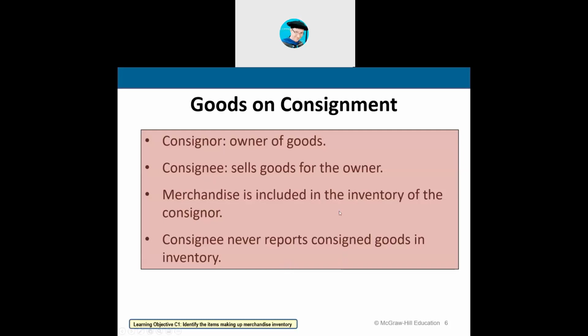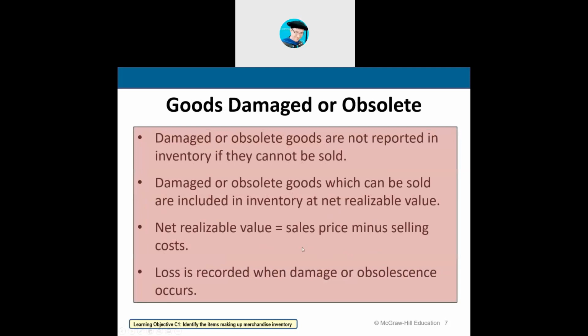It belongs to you. It's in your inventory. And when Plato's Closet sells your clothing, they'll take it out of your inventory because you no longer own it, and the consignee, Plato's Closet, pays you for your sold inventory. So think of it like an intermediary.